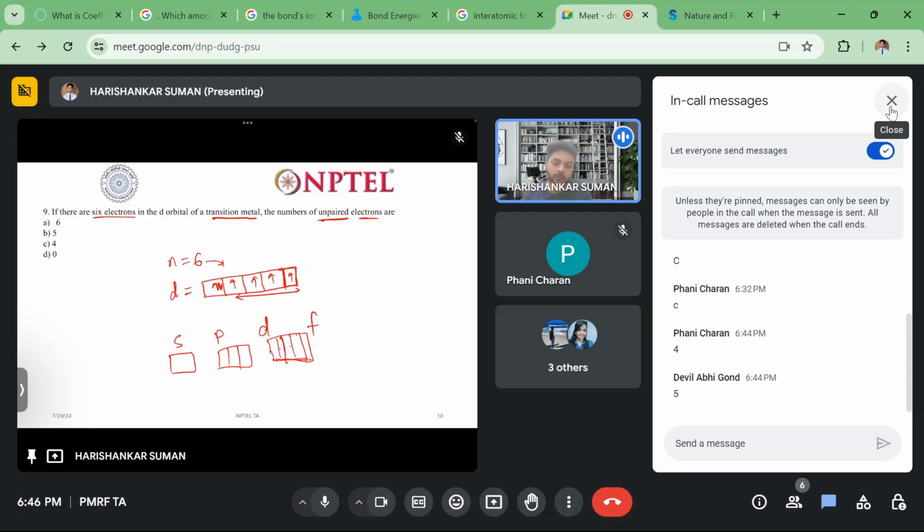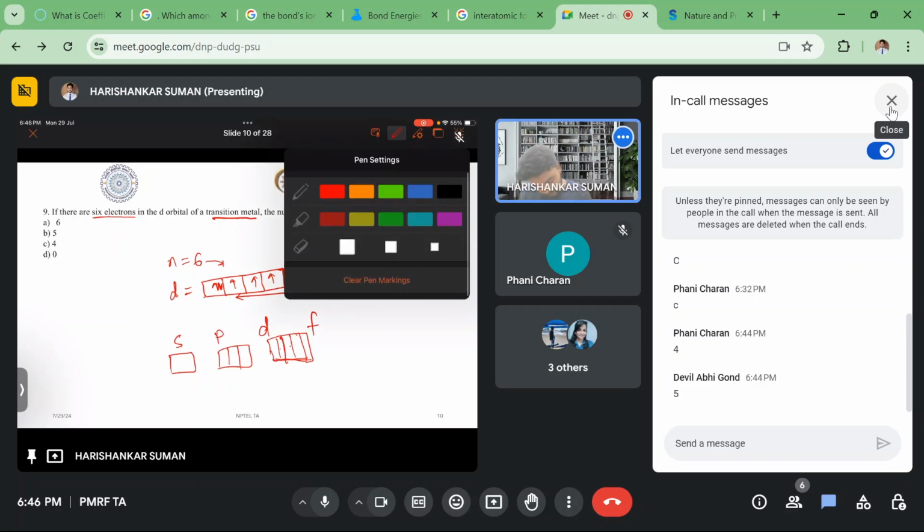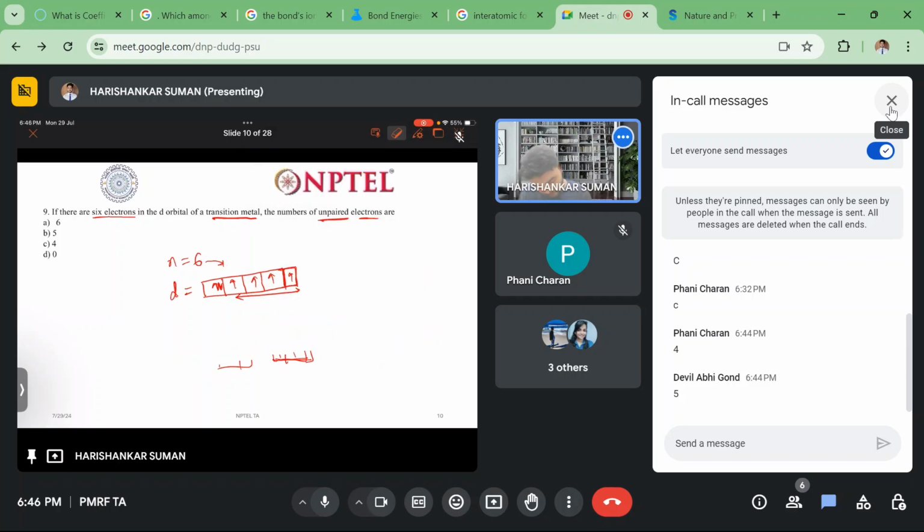First, we have to fill one in each, then they can pair. So this is the right answer. Let me show you. C is the correct answer.